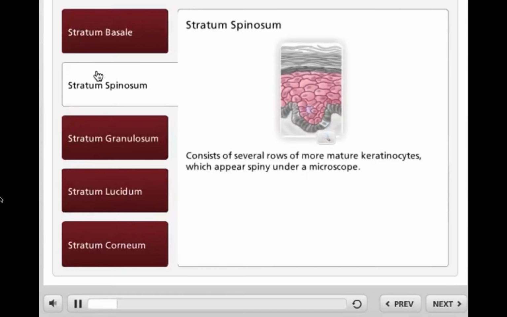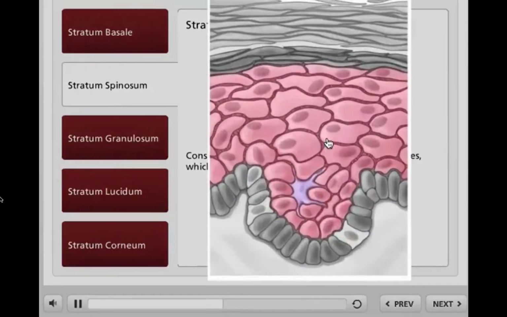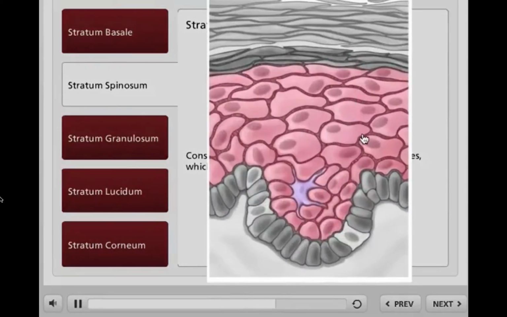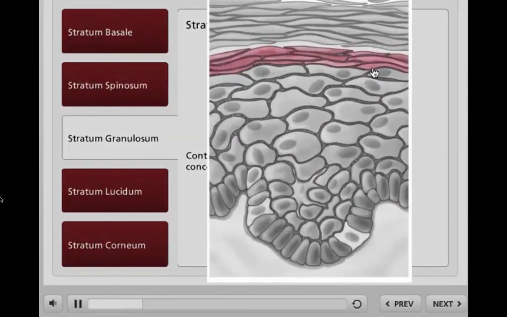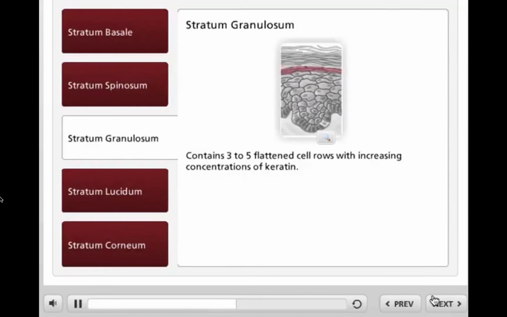The stratum spinosum is the next layer. It consists of several rows of more mature keratinocytes, which appear spiny under a microscope. Just above is the stratum granulosum. This layer contains 3 to 5 flattened cell rows with increasing concentrations of keratin.